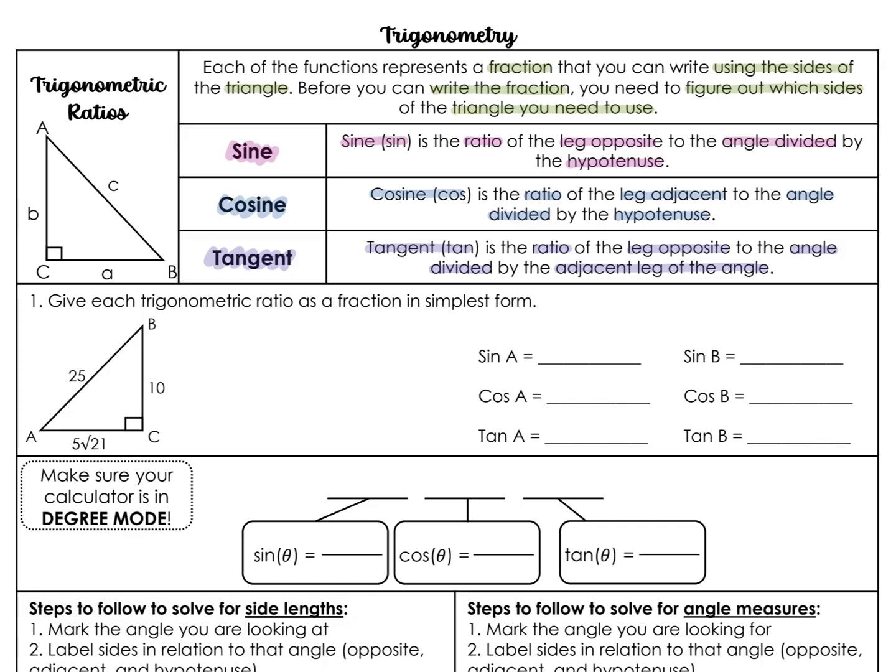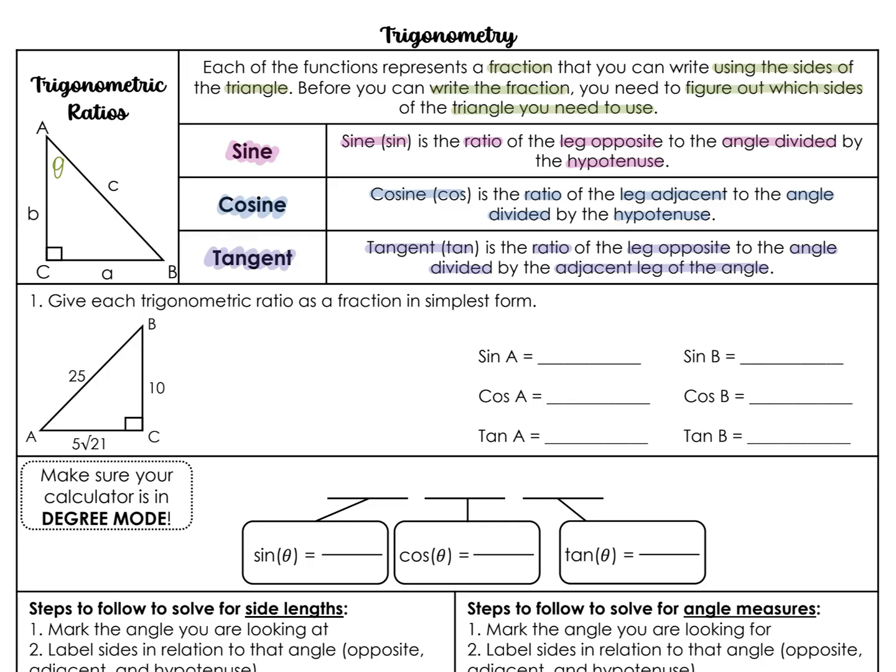Okay, so looking at this triangle here on the left, we are going to go over just how you can identify those side lengths, your opposite, hypotenuse, and adjacent. So starting off, I'm going to figure out which angle I'm looking at. For this one, I'm going to say we're going to look at this angle A up top, and I'm going to call that theta.